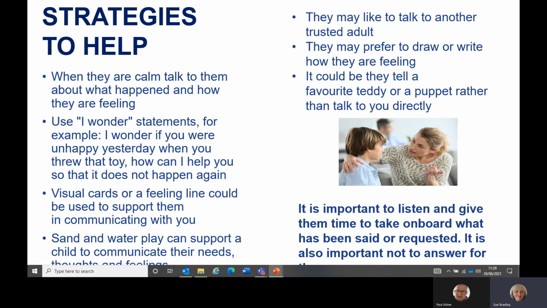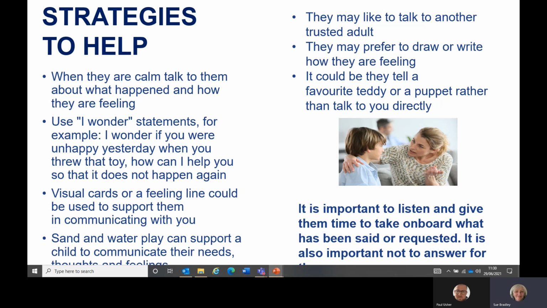Sand and water play can also support a child to communicate their needs, thoughts and feelings. They may like to talk to another trusted adult. Some children prefer to draw or write how they are feeling, and some prefer to tell a favourite teddy or a puppet rather than talk to you directly.